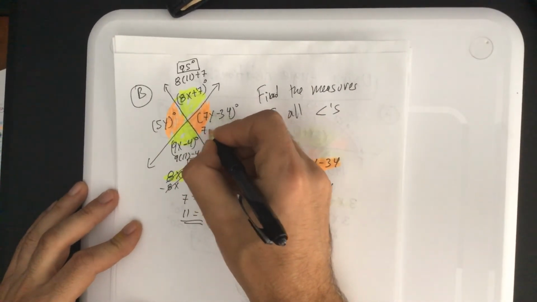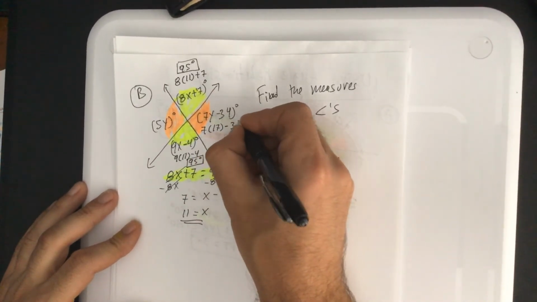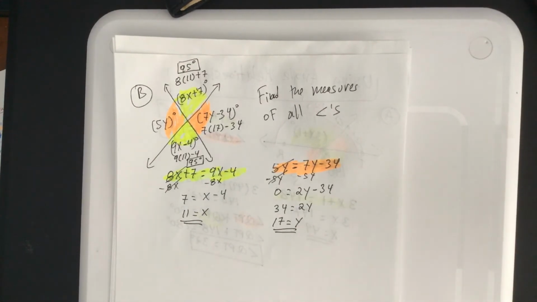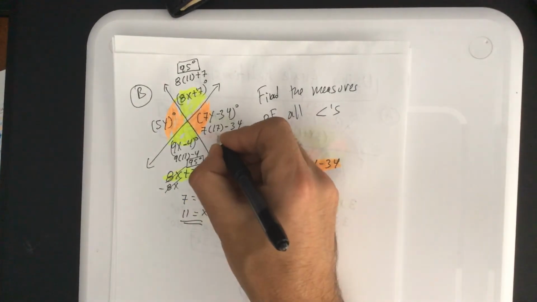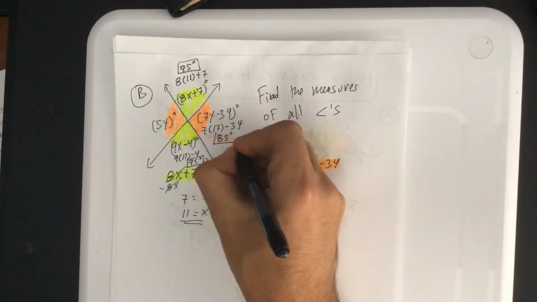Let's see if we get the answer here. So 7 times 17 minus 34. And that should give you, let's see, 85. It should give you 85 degrees.